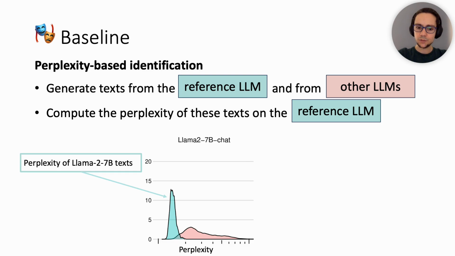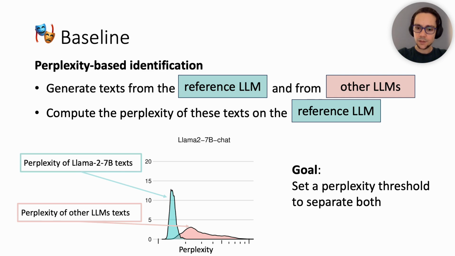Therefore, we end up with two distributions: in blue, the perplexity of reference LLM generated text, and in pink, the perplexity of other LLM text computed on the reference LLM. So it's quite logical that the perplexity is lower for the texts that are generated by the same LLM. And the goal here is to set a threshold where we separate both.